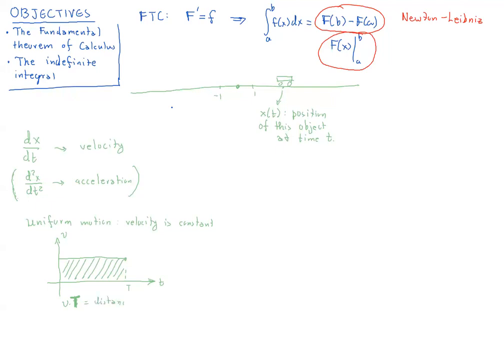So we have the principle that in the case of uniform motion, time times velocity is equal to the distance, which of course begs the question, what is happening in the case of non-uniform motion?